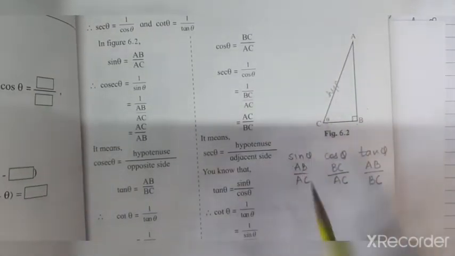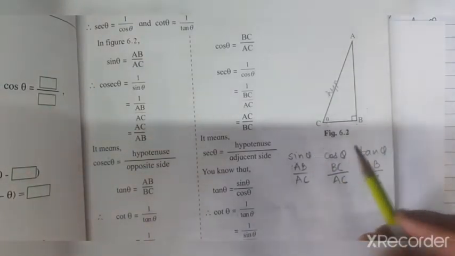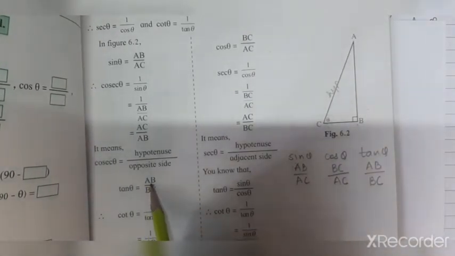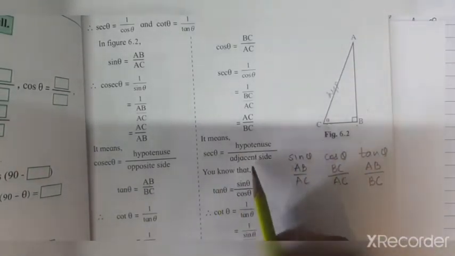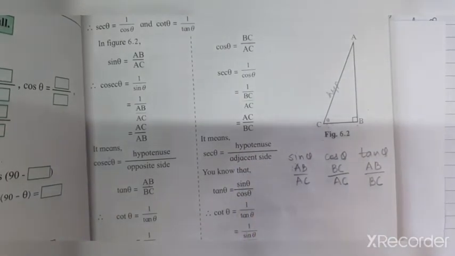And now cosec. What is cosec? Cosec is just the opposite of sine. If sine theta is opposite upon hypotenuse, cosec theta is hypotenuse upon opposite side. If cos theta is adjacent upon hypotenuse, then sec theta is hypotenuse upon adjacent. Just the numerator goes to the denominator, and the denominator goes to the numerator.